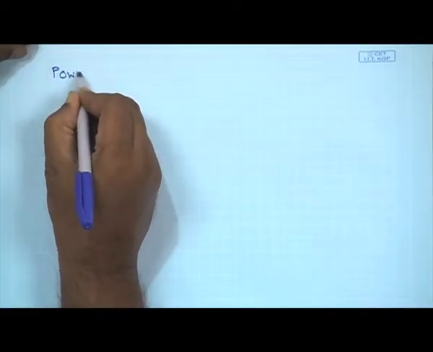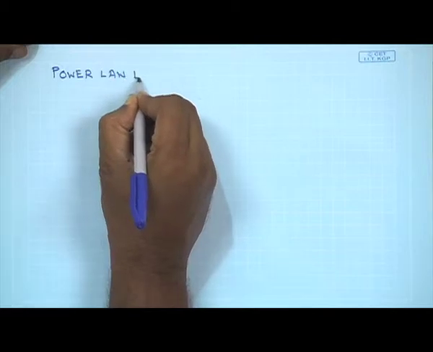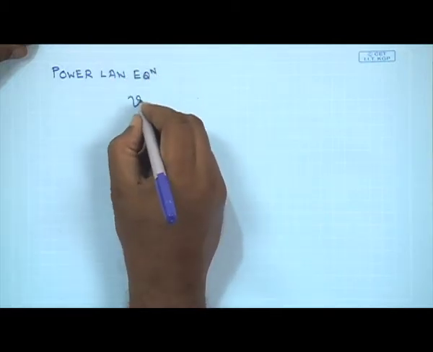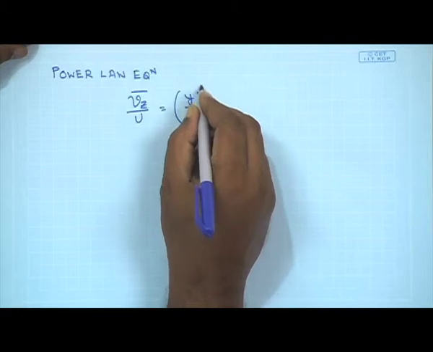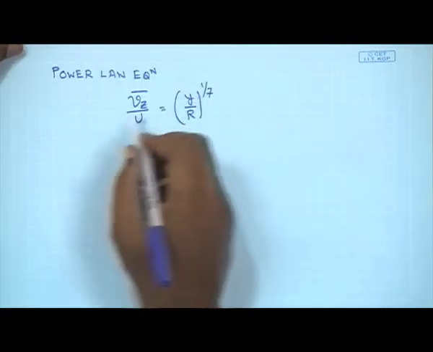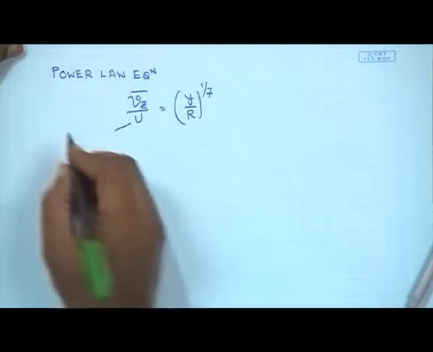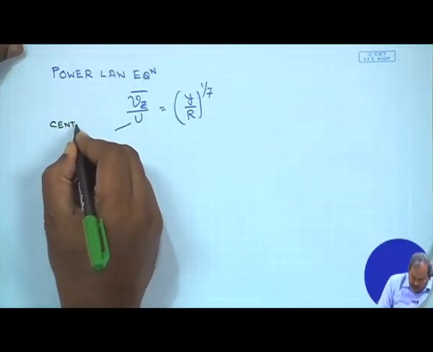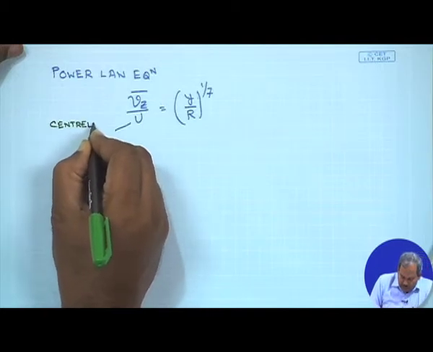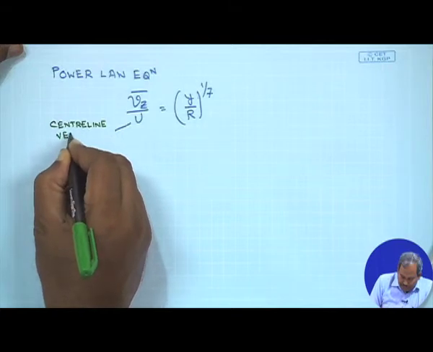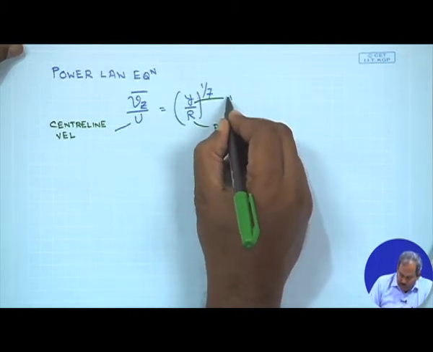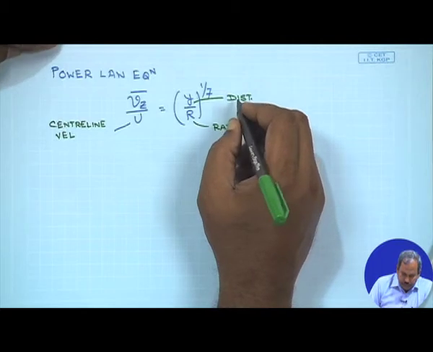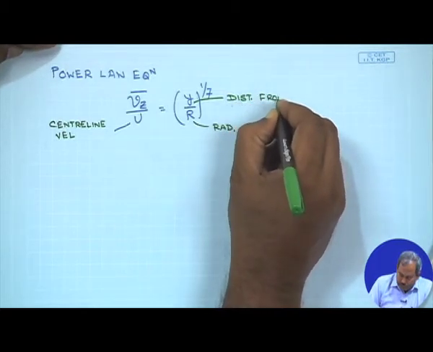The power law equation simply says that Vz by u is equal to y by r to the power 1/7, where u is the centerline velocity, r is the radius, and y is the distance from the pipe wall.